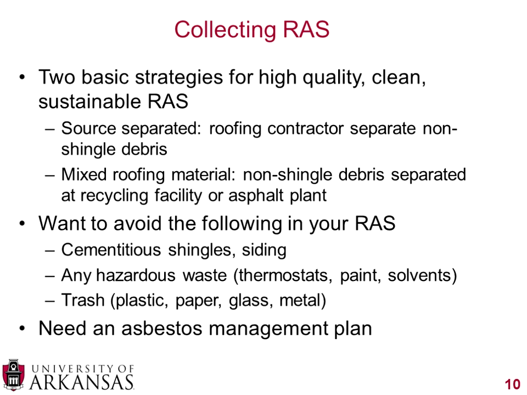Another question from Larry Weir is the relative cost benefit of the use of RAS over virgin materials. And Larry, that's an excellent question, and I think it's one that's very difficult to pin down. If you're using 5% RAS in an asphalt concrete mixture, about 20% of that is asphalt cement.